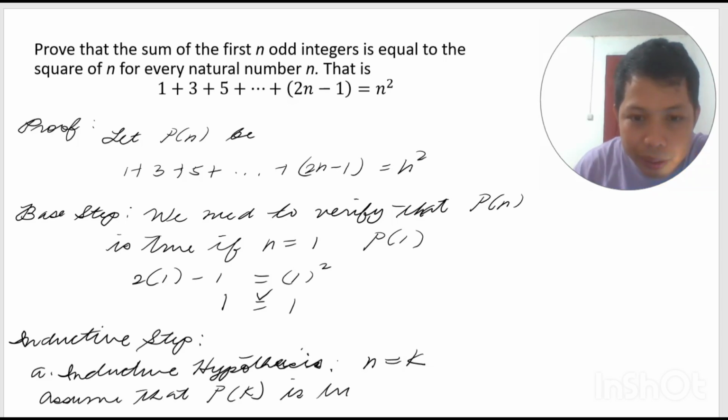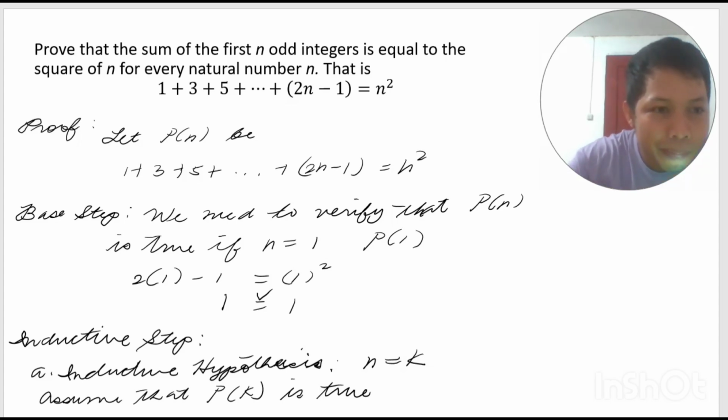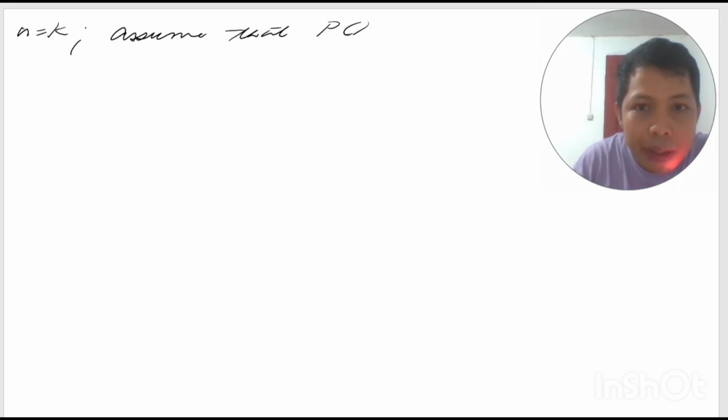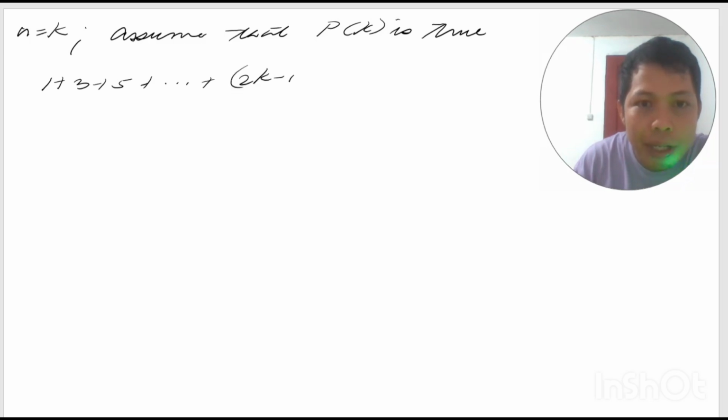Because n is equal to k, we assume that P of k is true, where P of k is 1 plus 3 plus 5 plus and so on plus 2k minus 1 equals k squared, because now n is equal to k.